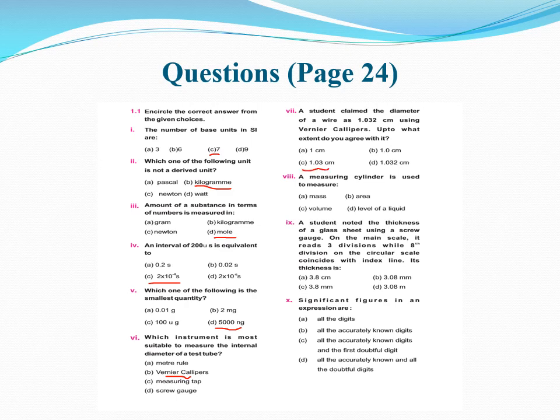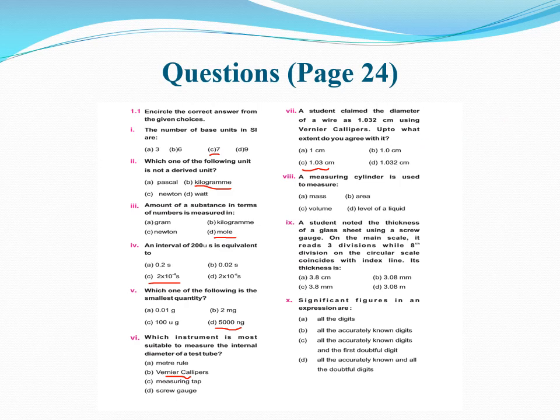It is because the least count of vernier calipers is 0.01 centimeter. So how many digits are there after decimal? 2 digits. So we would be sure up to 2 decimal digits for the given measurement. So that's why C is the correct option.